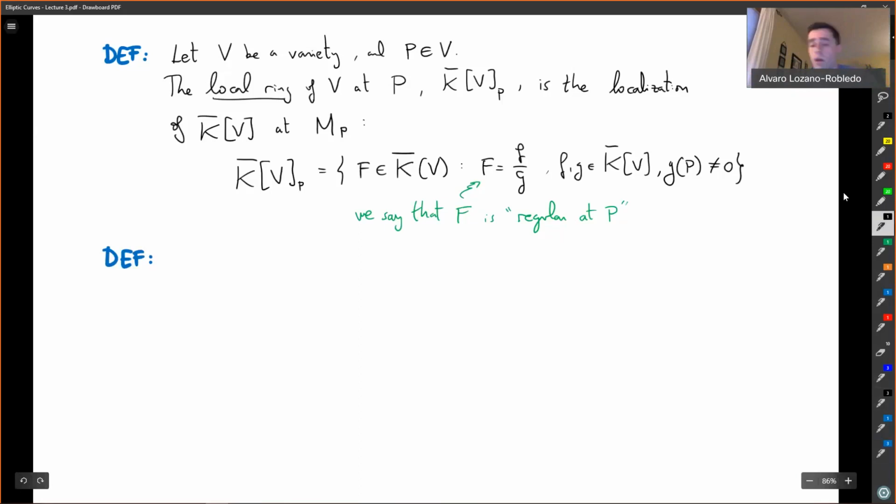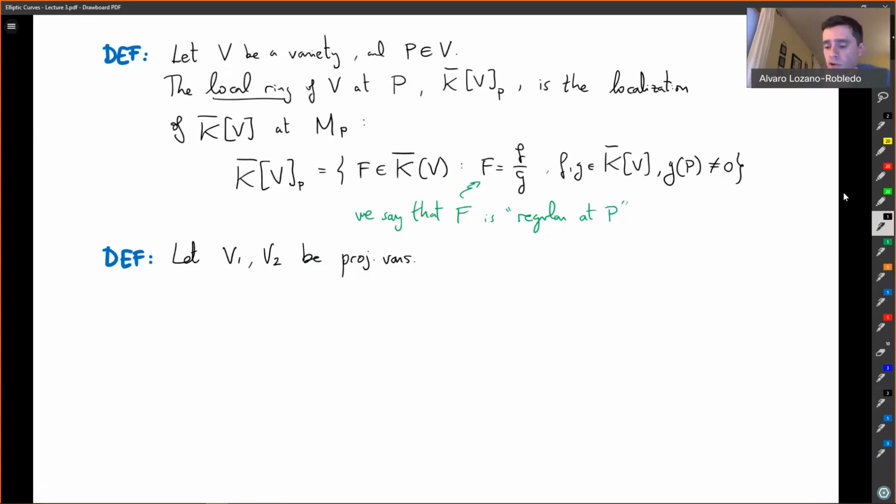All right, so now let V1 and V2 be projective varieties. And we're going to define what is a rational map.